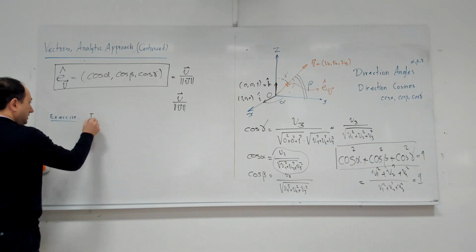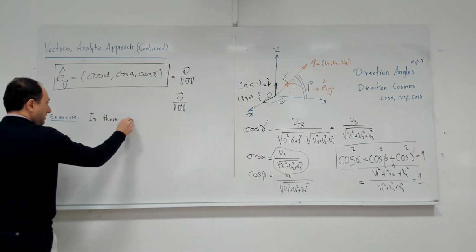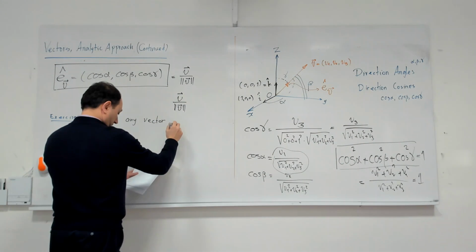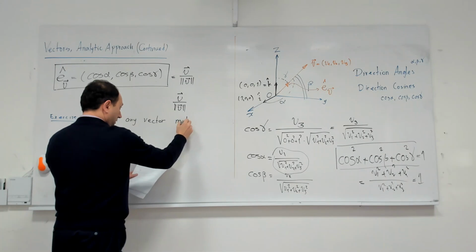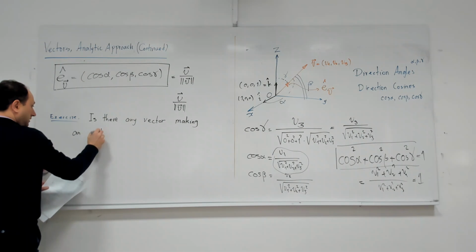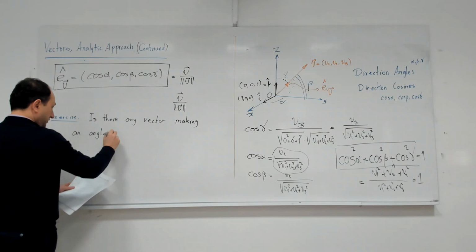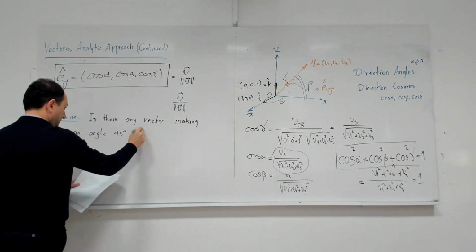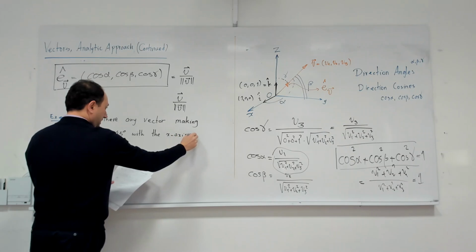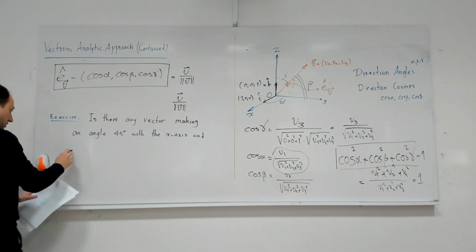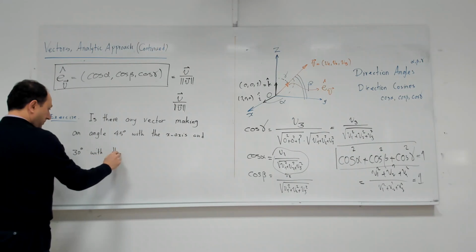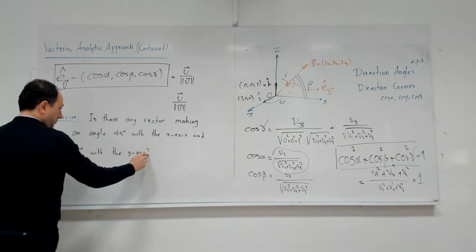Is there any vector making an angle of 45 degrees with the x-axis and 30 degrees with the y-axis? Motivate your answer.